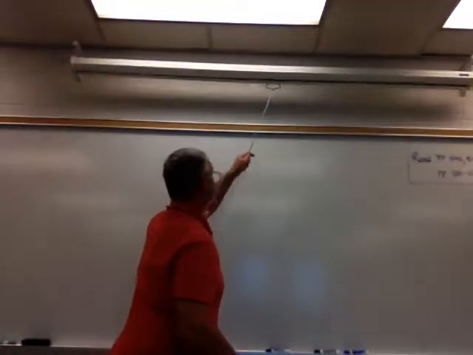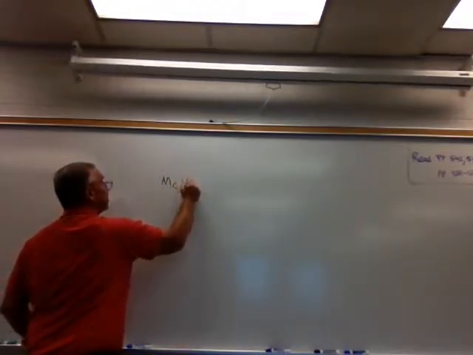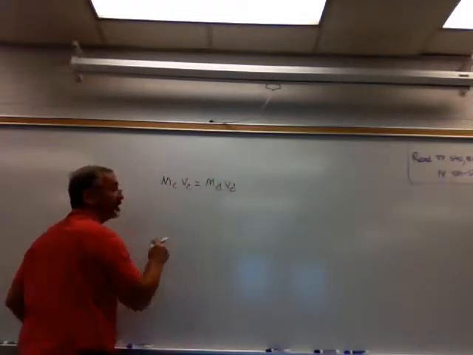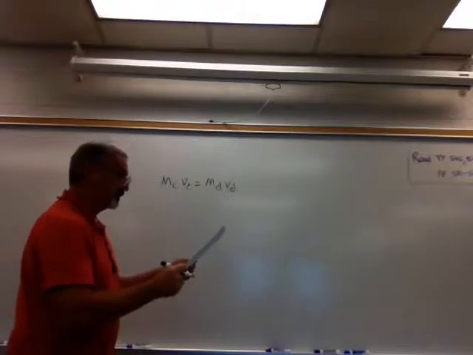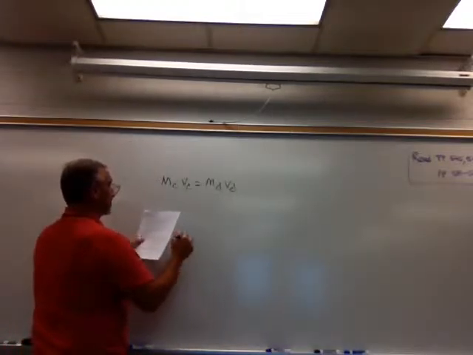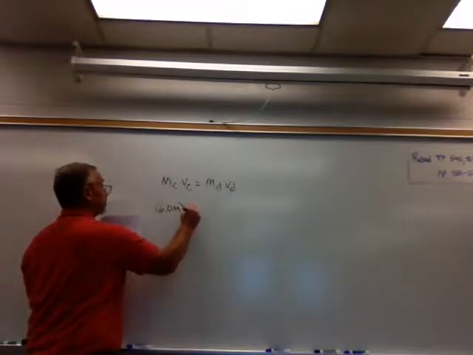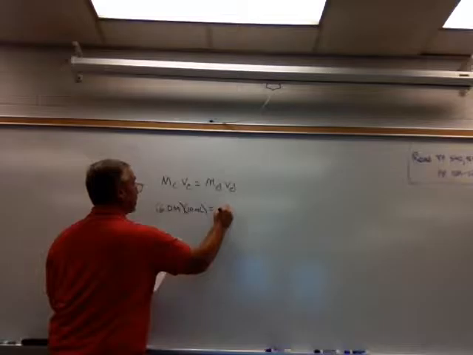Okay? So we get a dilution problem, which is going to be MC VC is equal to MD VD. So we have the concentrated is equal to 10 milliliters of 6 molar. And we want to make 1 molar.